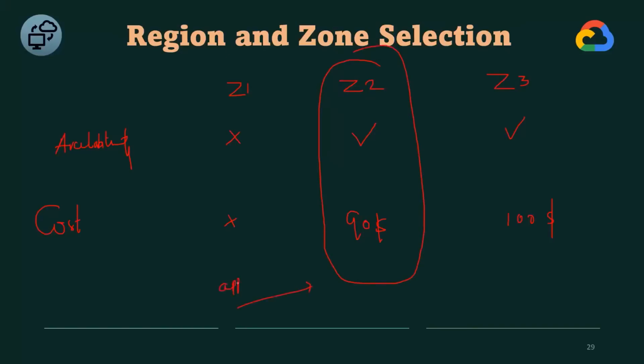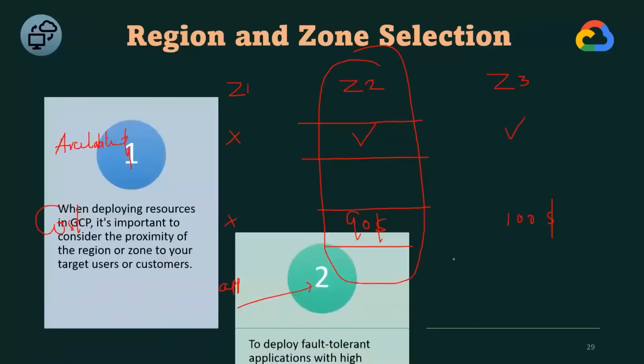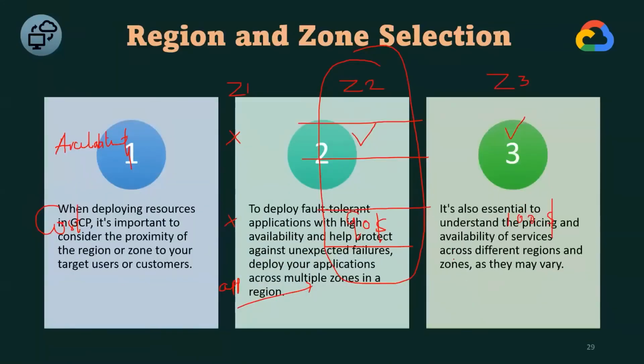It's because your application resource is available here and the cost of that particular service is also lower. So this is how you have to select it. Whenever you are deploying resources, understand the pricing and availability of the services.